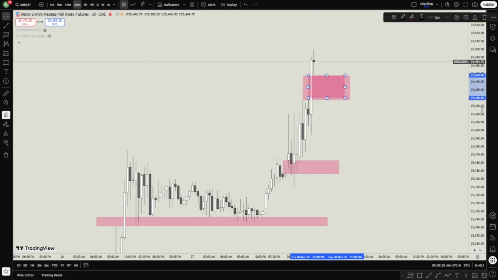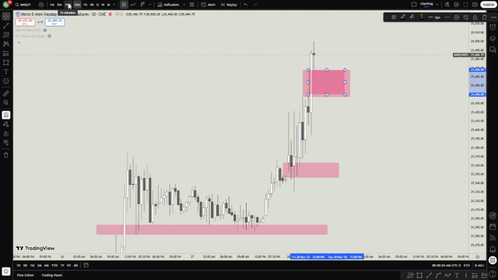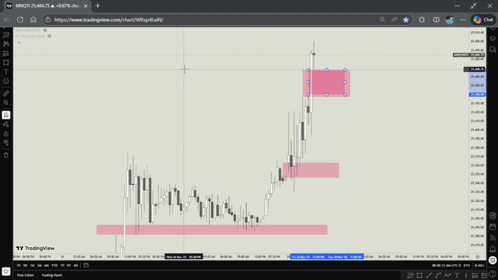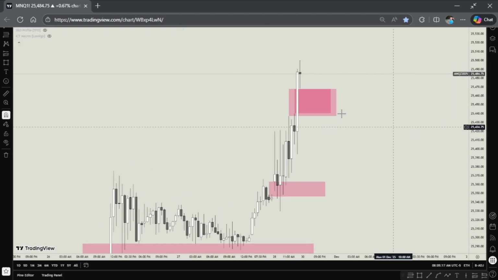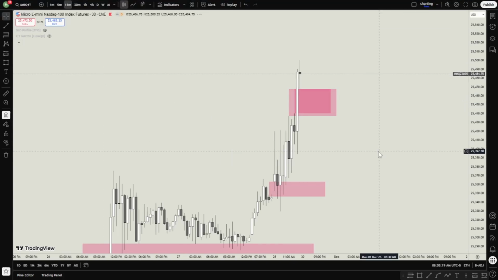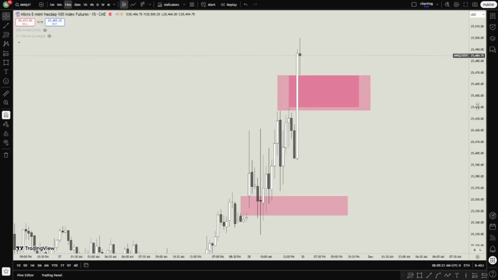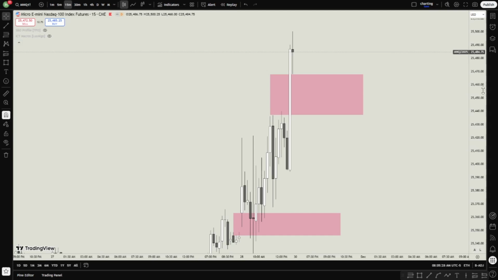And if we have a fair value gap also on 15-minute, I can say this fair value gap is much stronger because we have model inside model. We have fair value gap inside fair value gap. So this becomes a much stronger area if we have combined fair value gaps back to back inside. I don't have to pronounce it, but you got my point, right?